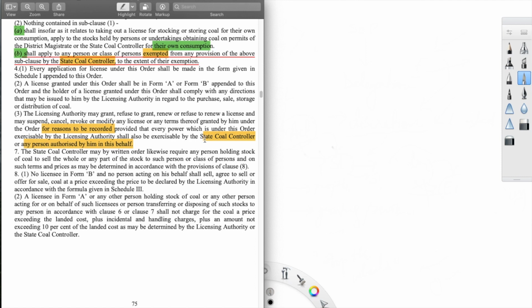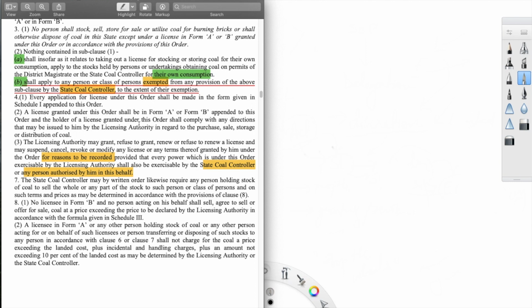One important thing is that if any license is revoked, cancelled, modified, or suspended, then the reasons for such action are to be recorded. Further, the state coal controller can also authorize any other person to work on his behalf. Now, these are the provisions.